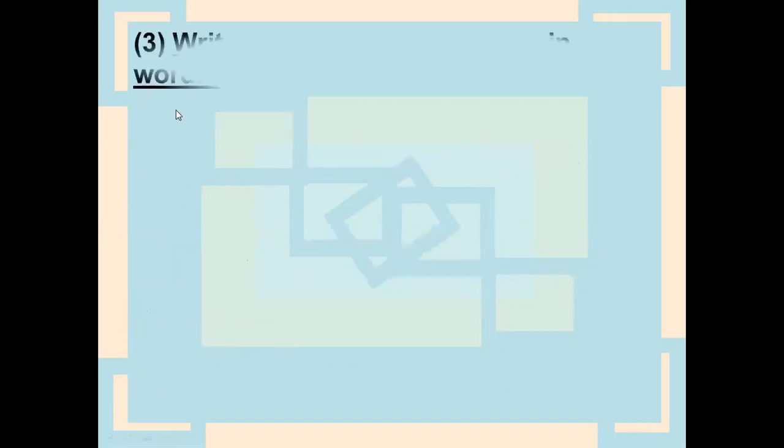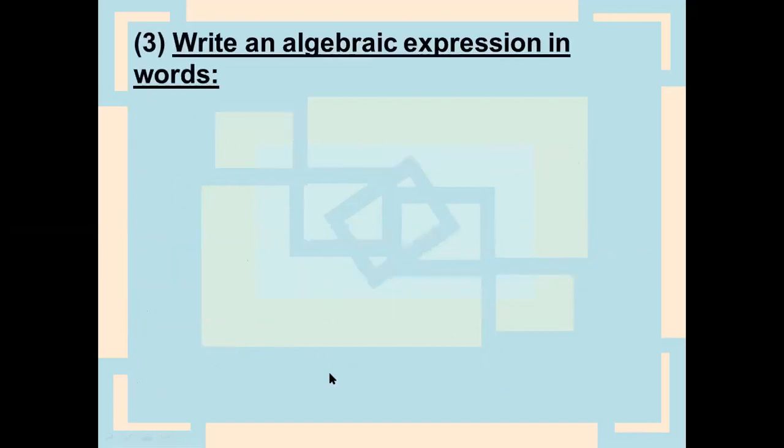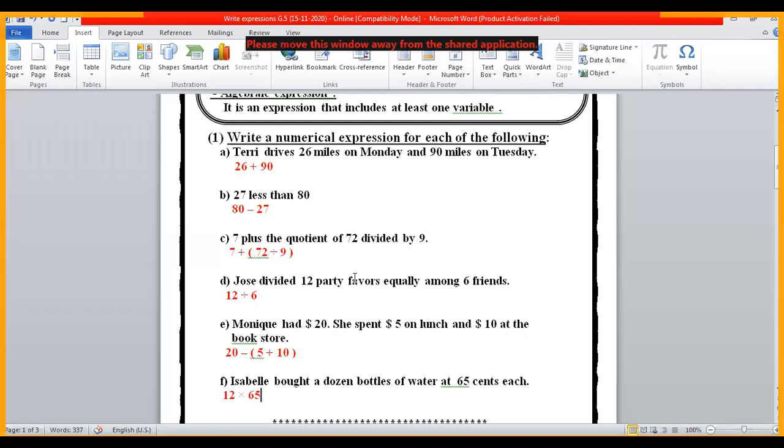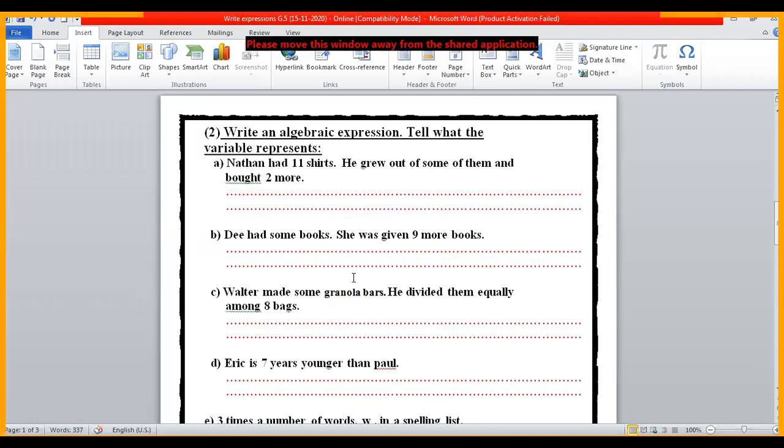Take care. Now in our sheet, the second page, write an algebraic expression and tell Mister what the variable represents.